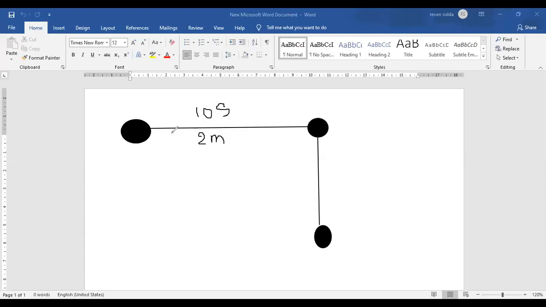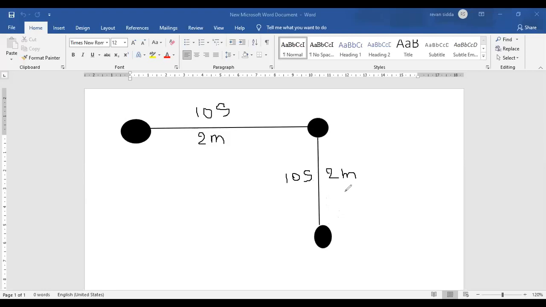Now the same ball is moving downwards, and it has taken almost around 2 meters and 10 seconds.